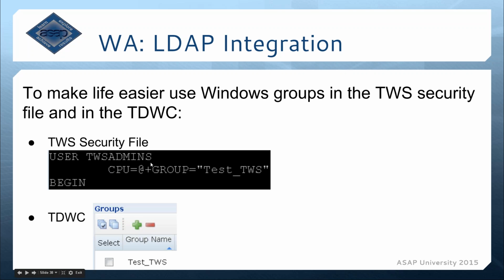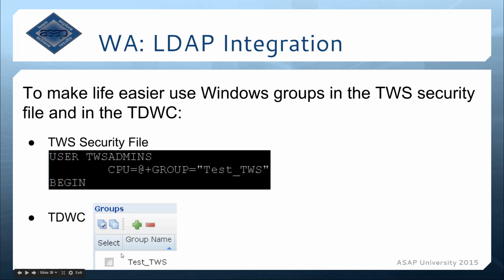Our TWS admins, you would have your group instead of user, and you would have your group name set up. And so you no longer have to have a long list of users in each of your stanzas in your dumpsec makesec file.